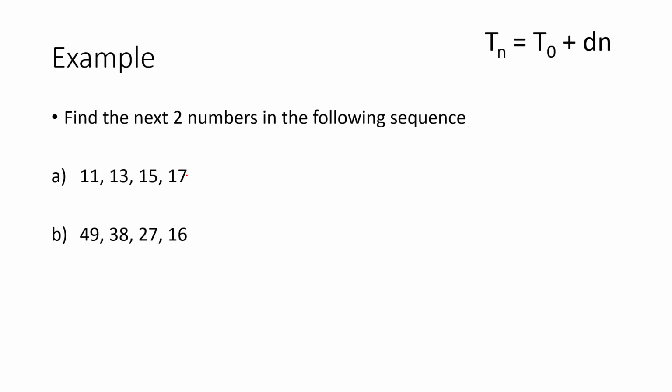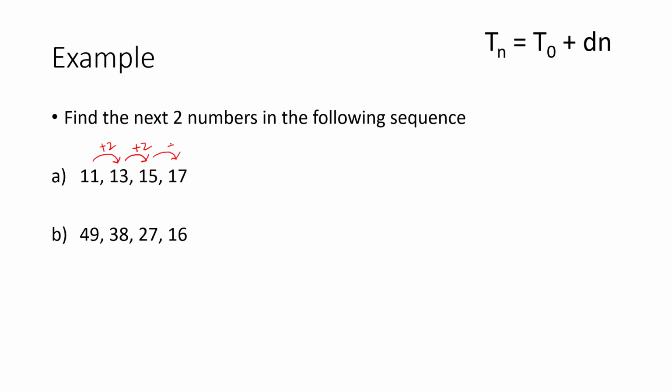So example, find the next two numbers in the following sequence. This is actually very easy. You should be able to see the sequence. From 11 to 13, it is addition of 2. 13 to 15, it is addition of 2 again.